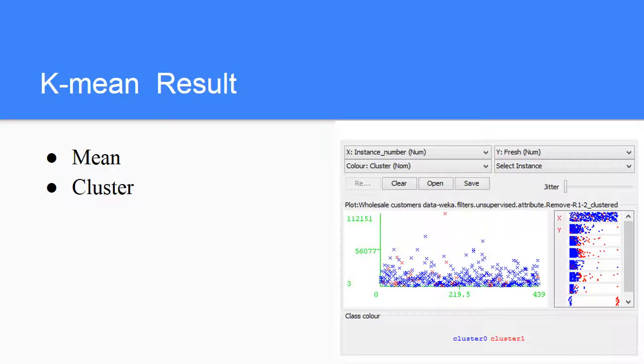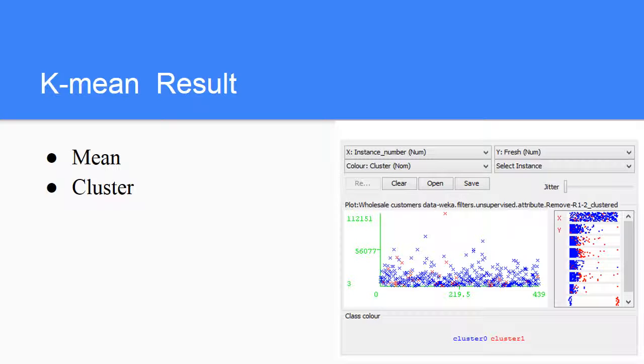In this part, we'll introduce the K-means result. We use Weka to analyze the dataset, and for the K-means part, we get two results. The first one is the data, and the numbers give us the mean of the product data, and on the right hand side is the visual one.